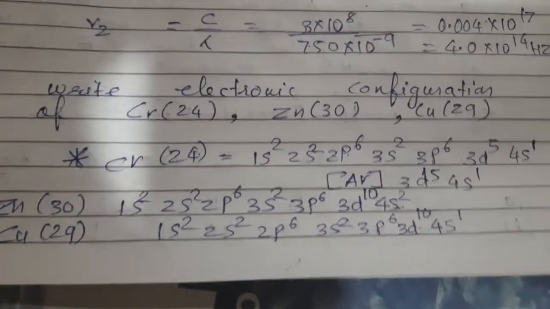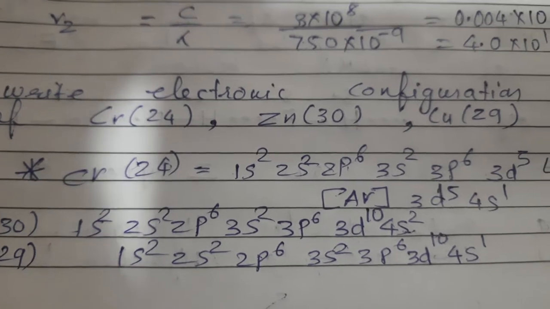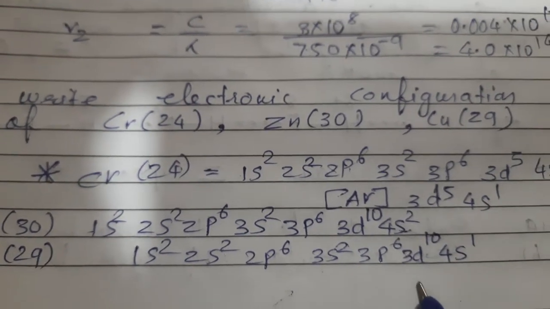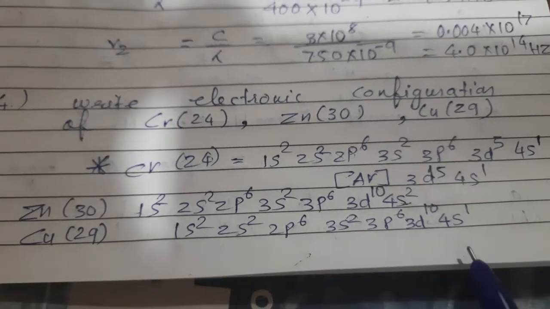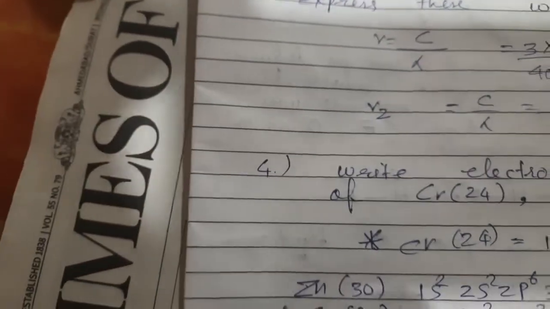Why? Because it would have been written 3d9 4s2, but as we see by taking 3d10 it will be more stable, so it will be written as 3d10 4s1. In this way all the configurations are written. Copper and chromium we will put the star mark and they are exceptions.